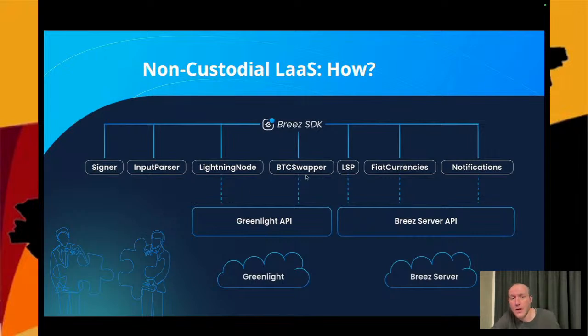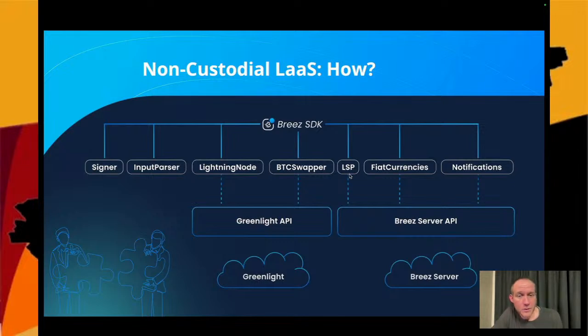There's swaps, some components that help you do swaps, so doing submarine swaps and reverse submarine swaps, sending from Lightning to on-chain and from on-chain to Lightning. The Breez SDK is all Lightning native, so all your balance will be on Lightning, but it does allow you to interoperate with the chain.